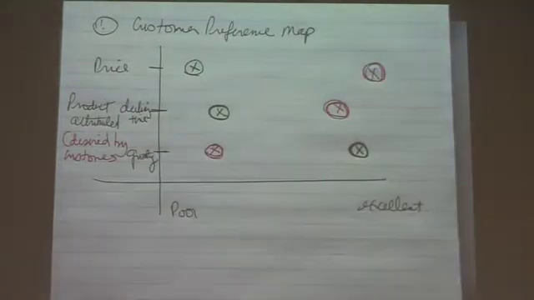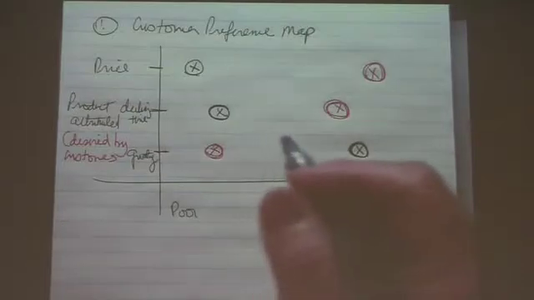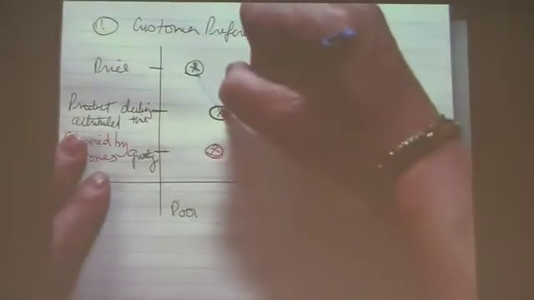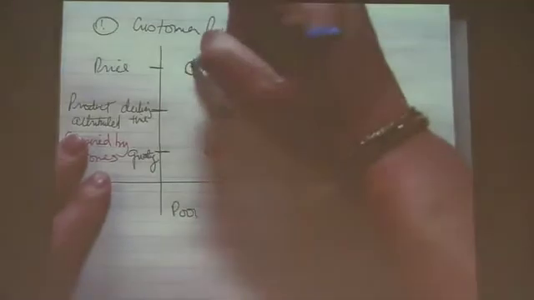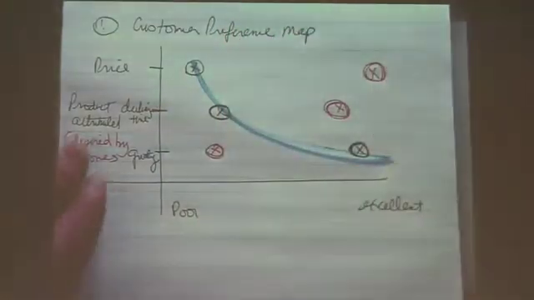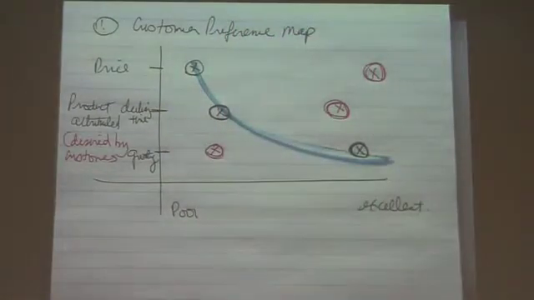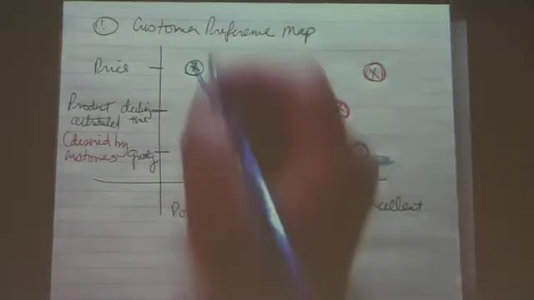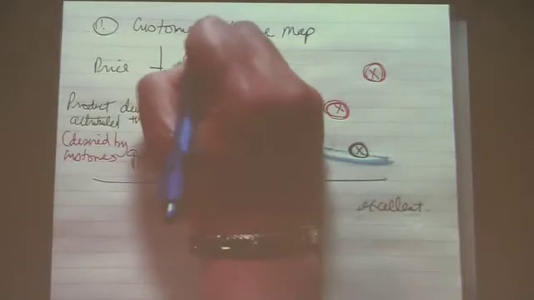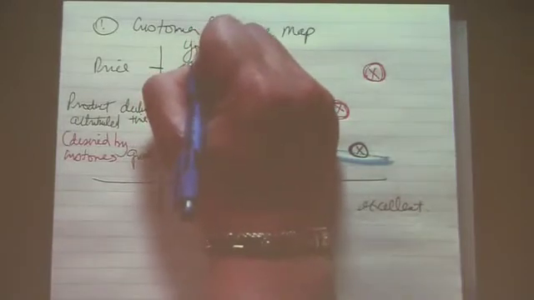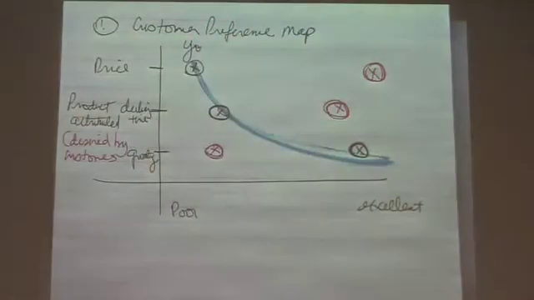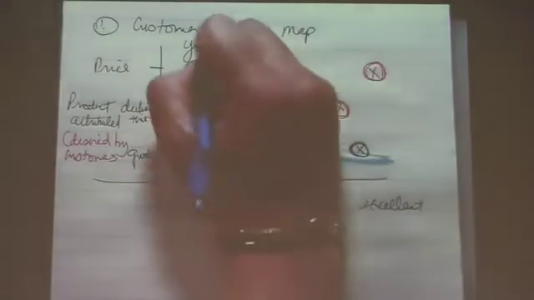So when we draw this customer preference map, we'll see that our competitor has a map that looks like this. So this is our competitor. What's the name of our competitor? Yorant.